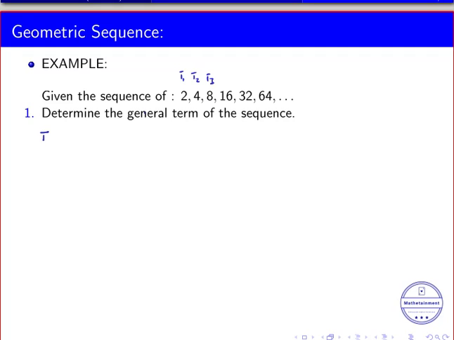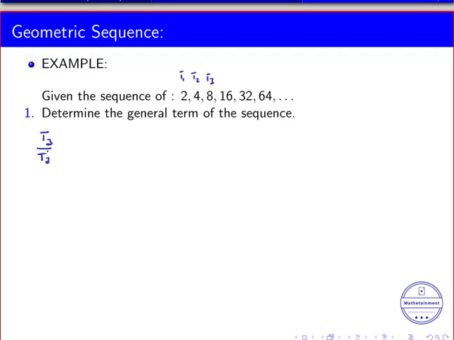Now let me ignore them at the moment because I want to make my workings much simpler than it will be if I keep on finding this ratio. So term number 3 over term number 2. I won't equate it because no one told me that this is a geometric sequence.